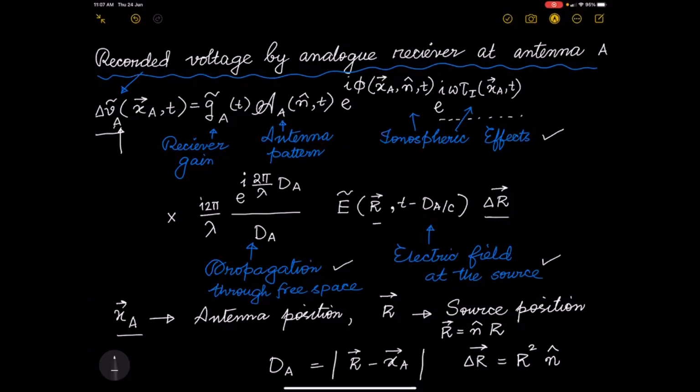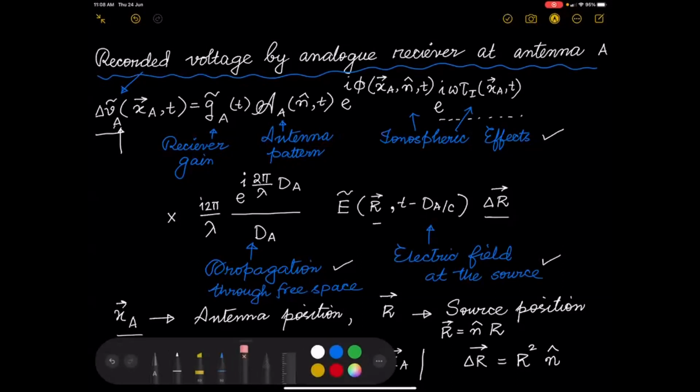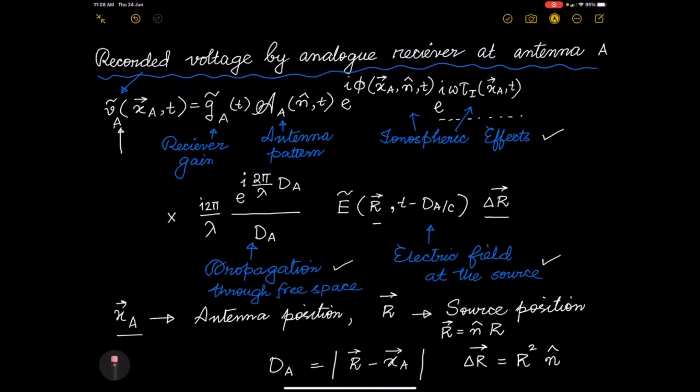Okay, so now an obvious thing to do to get the total electric field content is to integrate this. If I integrate this, instead of delta V, I will get V. And remember that the integration was essentially the integration over a given point in the source. So whatever is a function of capital R or n cap will be integrated over.